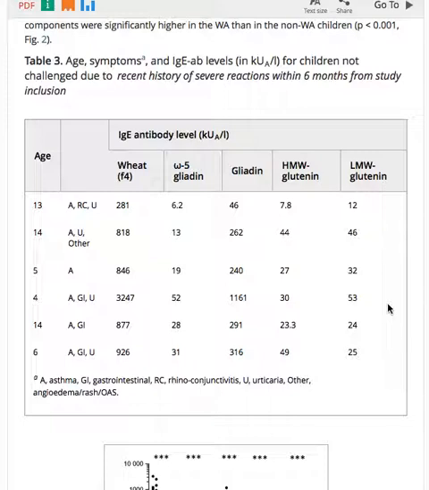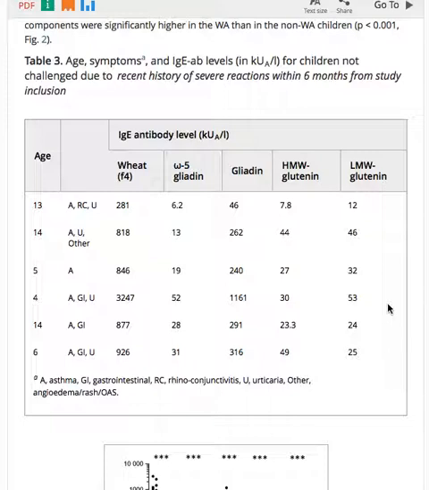So basically this is showing that in the future, any kind of diagnostic should be done with more look into it. Basically, they should study the omega-5 gliadin or the other 3 components and look at the antibody levels in comparison to those components, versus just a component that can be confused as many different other things, instead of putting these children on wheat-free diets when after a while it's not necessary.